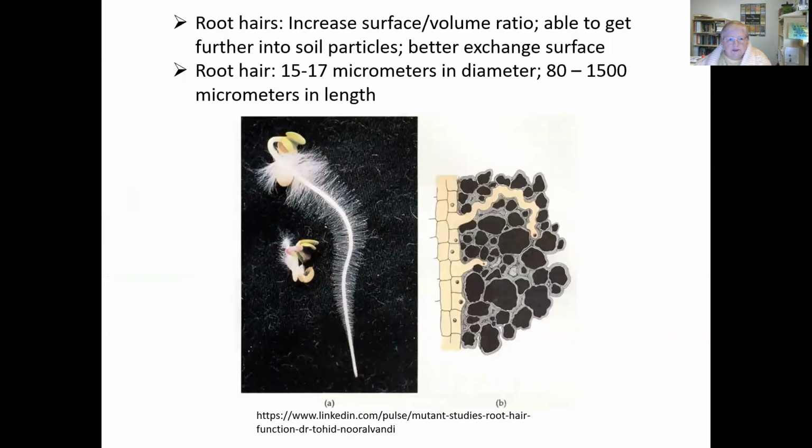From the plants, we see the plant roots, and in particular, these very fine root hairs really increase the absorption of water and nutrients in the soil, transferring that to the plant. The root hairs are very important because they can get into the soil matrix and extract nutrients and water for plant growth.